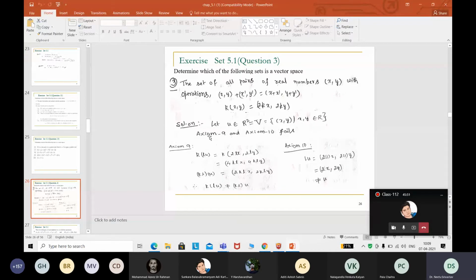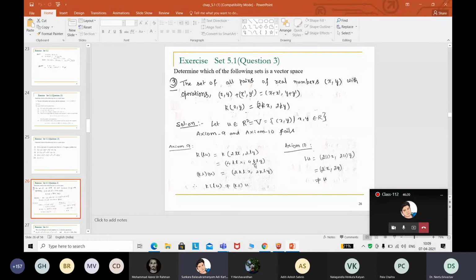So again, when you are multiplying k into LU, 2k should also come. Actually, when you are multiplying k to (x, y), 2k should be multiplied to each component. So same here, when you are multiplying k to this LU, 2k should be multiplied to this vector. So you'll get 4kl x1 comma 4kl y1.